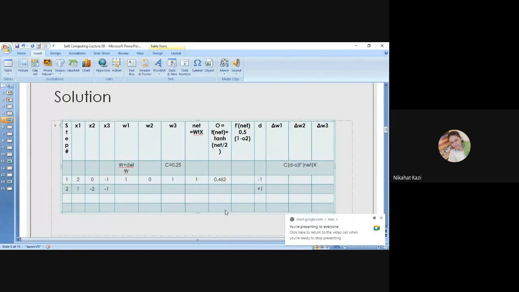Next is f dash net. Half into 1 minus o square. 0.3933.